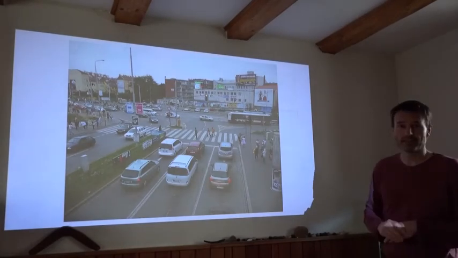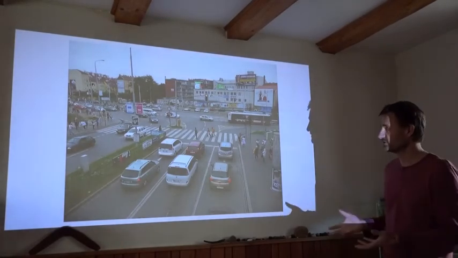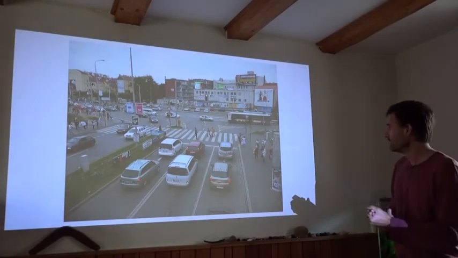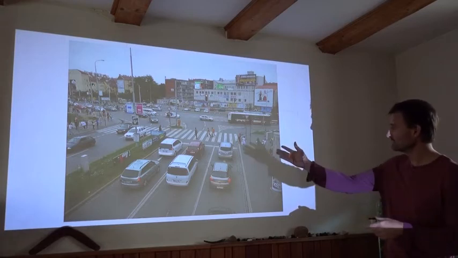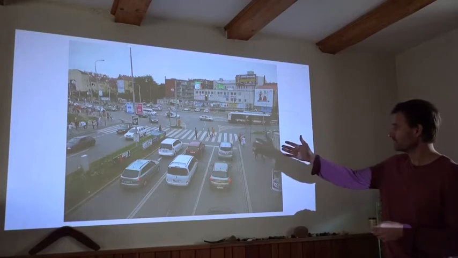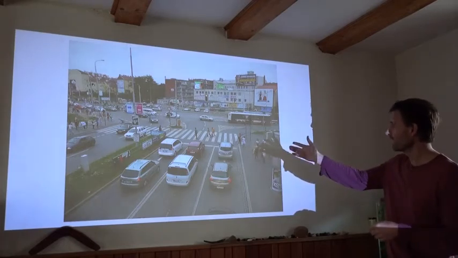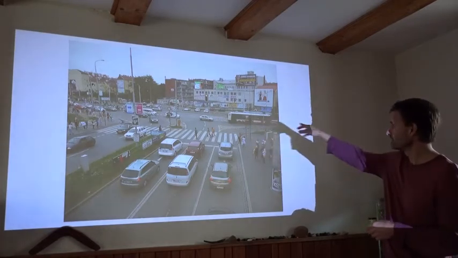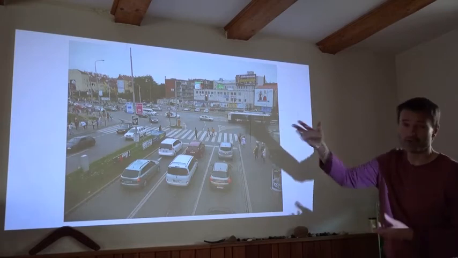There is a second way to approach society. We can ask why these cars stop and the other cars are going.